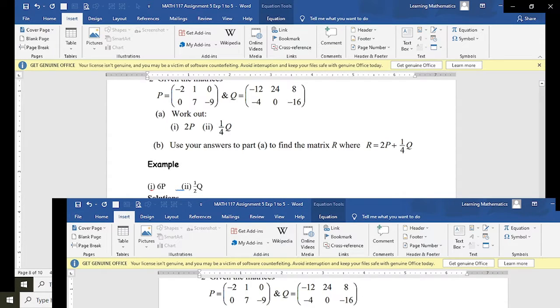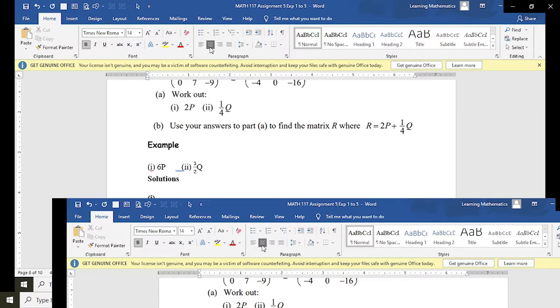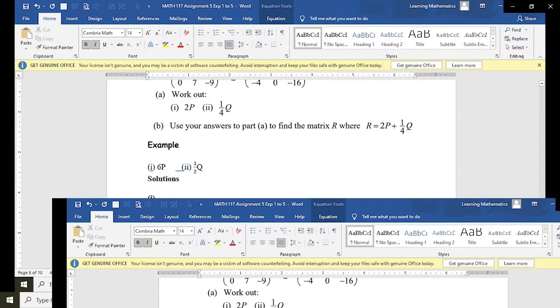So Q now is another 2 by 3. But we're not using a quarter, we're using half for our example. Look, we have a fraction.